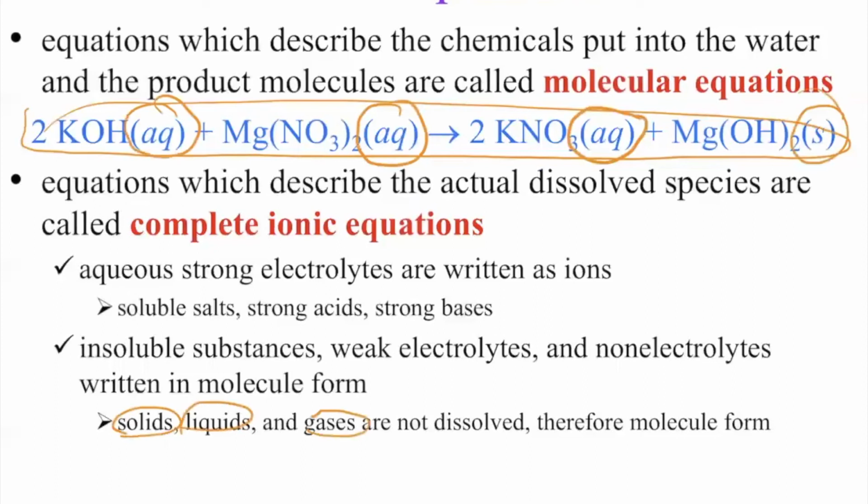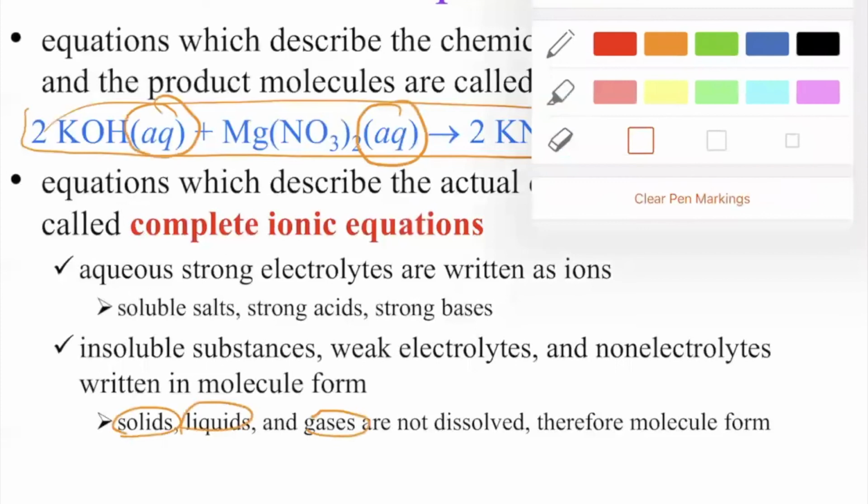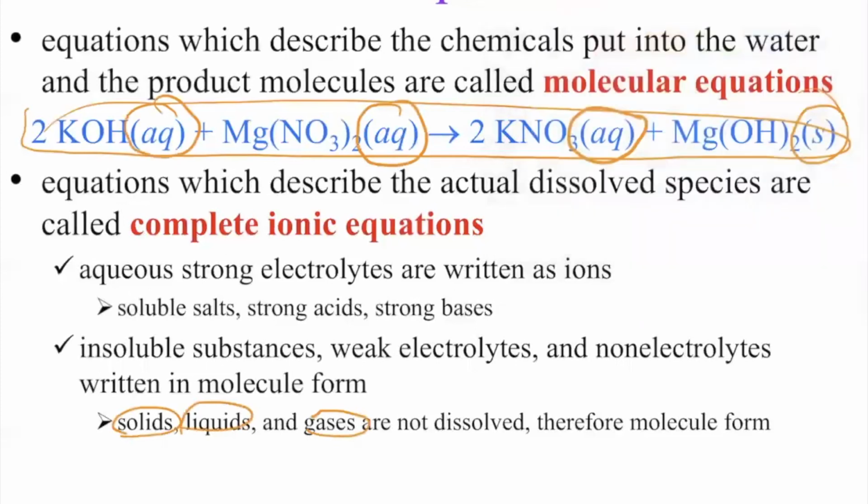So notice what I'm gonna do. I'm gonna do it in blue. So I have 2 potassium. So I'm gonna write 2 K, and it's going to be plus. And since this compound is aqueous, that means my potassium is going to be aqueous too. Then I have hydroxyl. If it's a polyatomic, remember, leave it together.